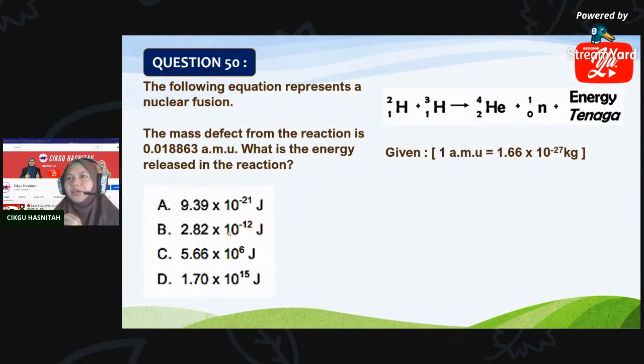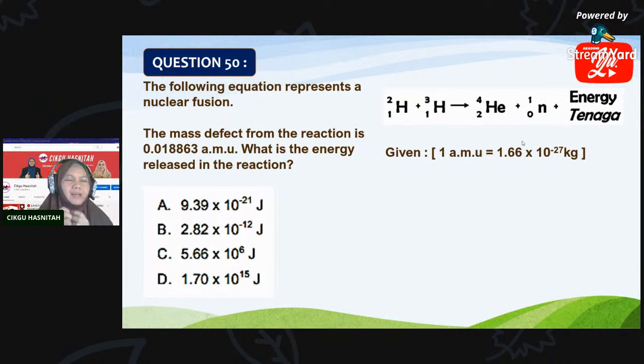Then question 50, again on radioactivity. This time you have to calculate the energy released in the reaction. First of all, you are given this equation representing a nuclear fusion. What is the meaning of nuclear fusion? Fusion means combine.